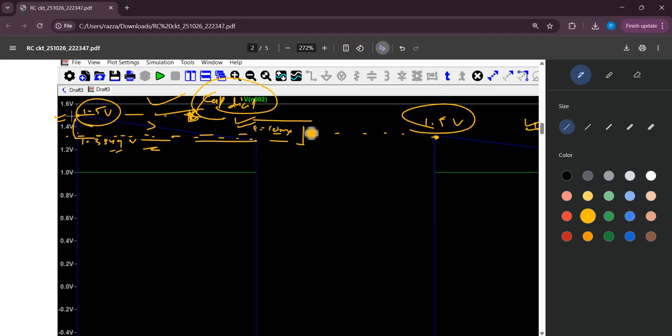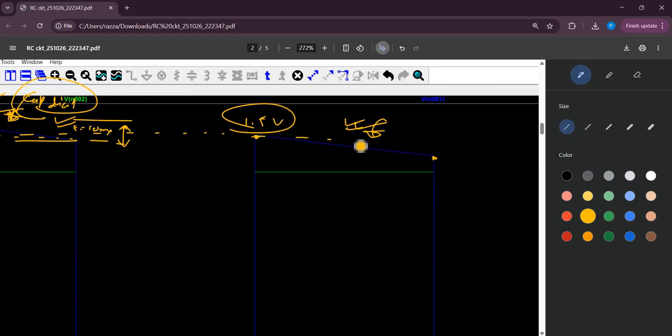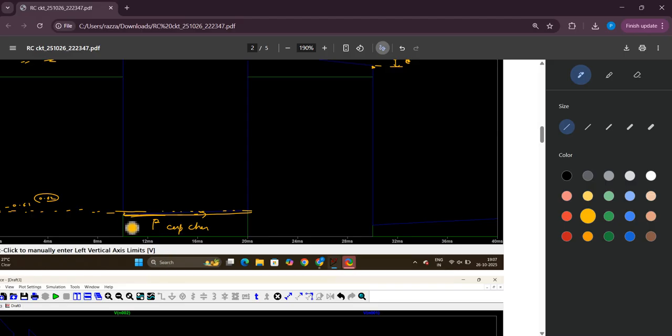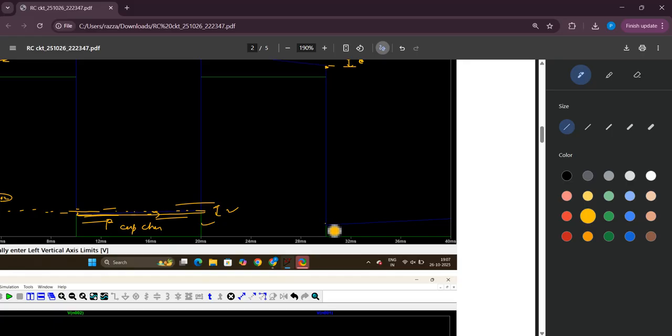This is the voltage drop of the capacitor, and if we see this, this is less and this is more. In the charging phase we can see the capacitor is charging, and the charging rate in this frame is more as compared to this frame. So the charging rate also decreases.